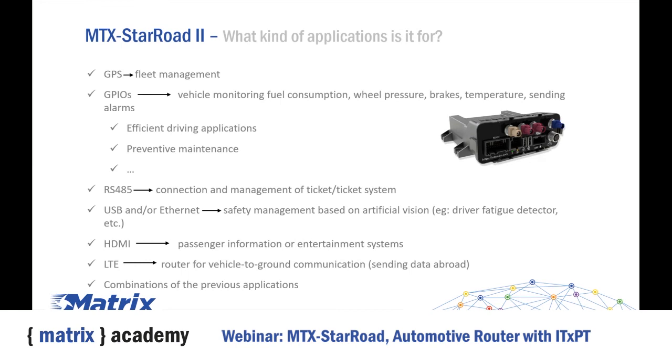With HDMI, passenger information or entertainment system. Of course, with the mobile communication, it's a router for the vehicle to ground communication, sending data abroad. And of course, you can combine all these kinds of previous applications.